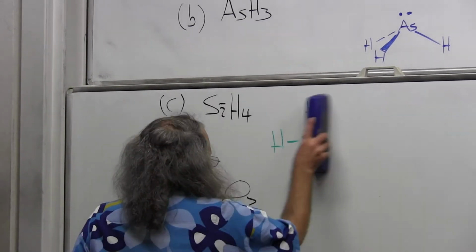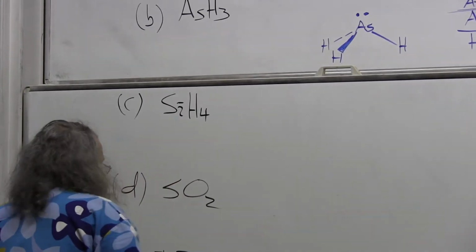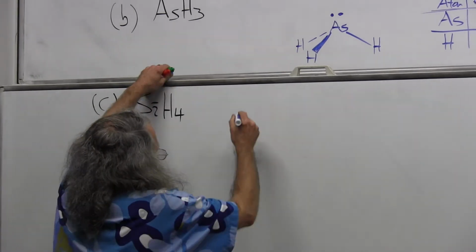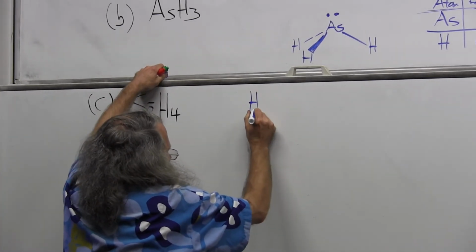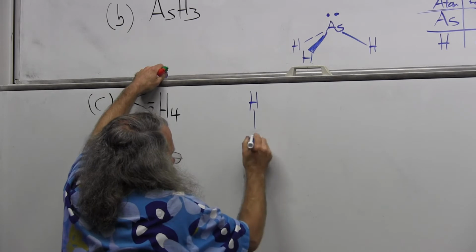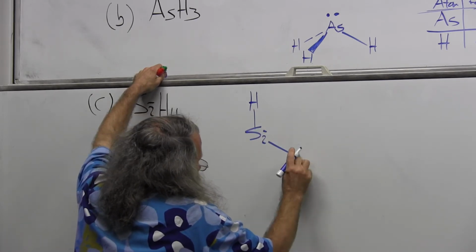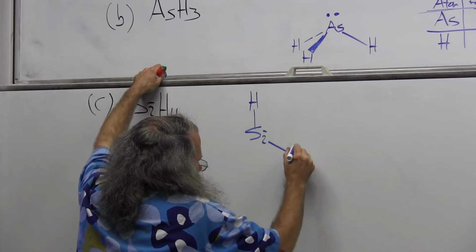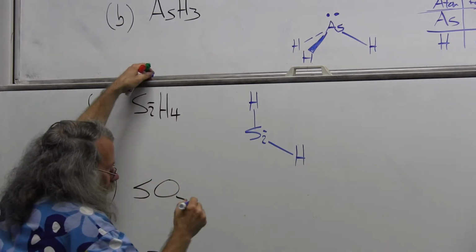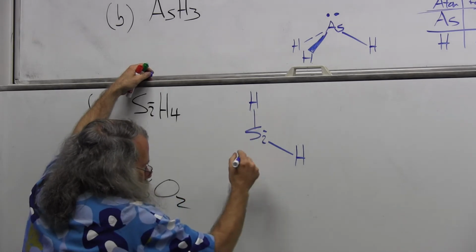And so now I can write my answer, draw it with the proper form, and we'll start with the hydrogen up here, come straight down, draw my silicon, come over at a 109.5 degree angle, and draw my hydrogen there. That's all in the board.